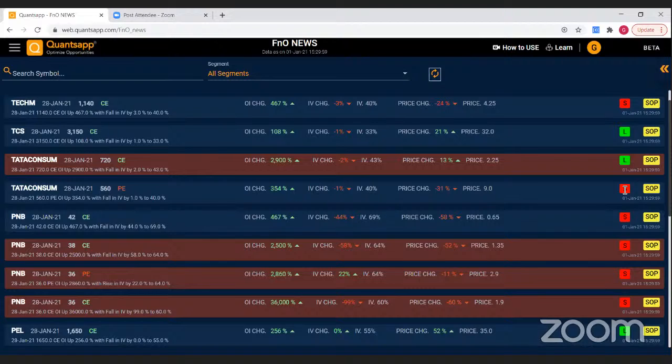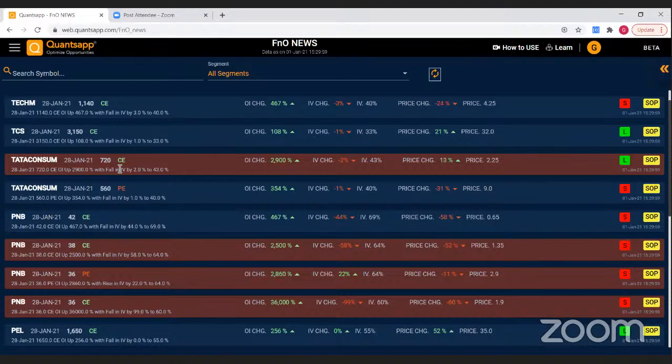This is something you can find in the FNO news, which helps you look at the whole market, the FNO segment, the different stocks, and particularly the different strikes of those stocks. In the Tata Consumer 560 put option, there's an OI buildup of 350%, but a price decline of 30%, and a short buildup is going on in the put option, while the call option is on the long side.